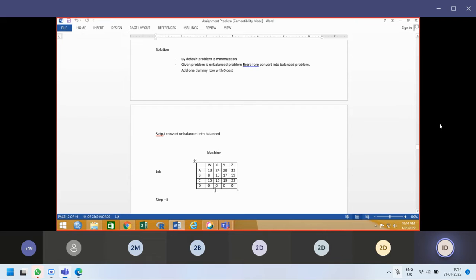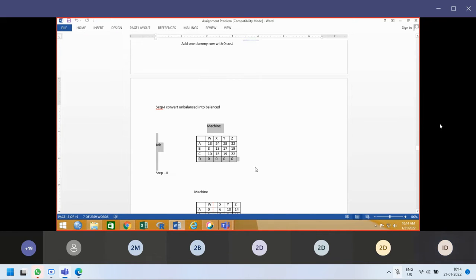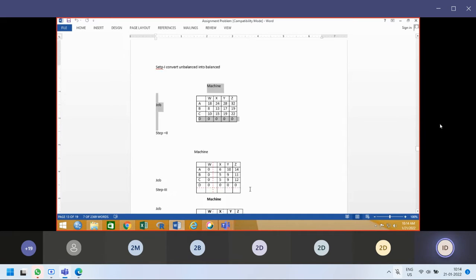That is why the dummy row or column is to be added. Now this becomes a balanced problem, so as it is, we have to apply the solution. This is the method to convert the unbalanced problem to a balanced problem. Sometimes maybe the column is less. You add one dummy column, make it balanced, right?